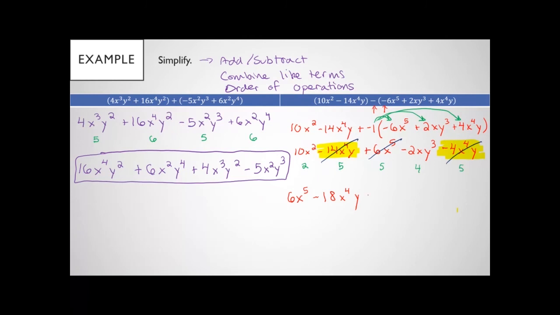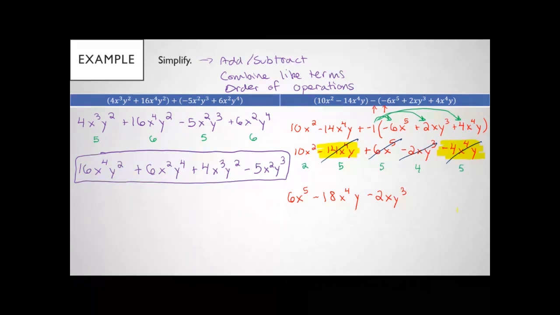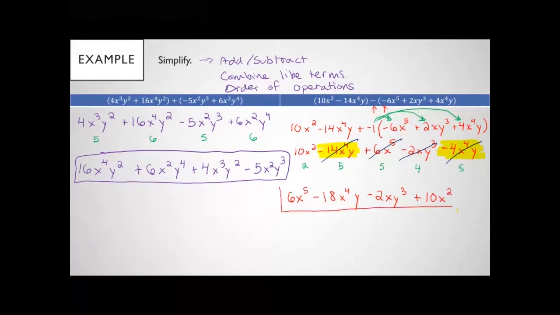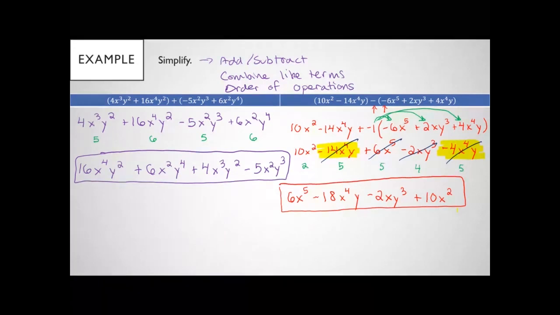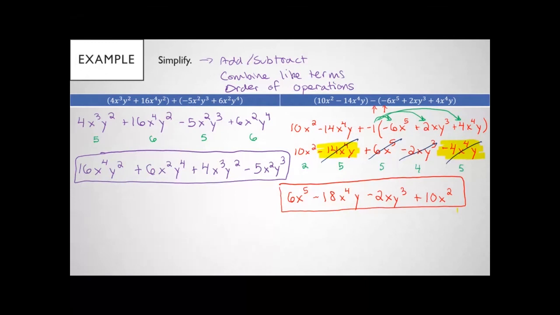There's nothing else that matches that, so I'm going to just write it down. And then just to be safe, cross that out. And then the only thing I have left is the 10x squared. There's nothing to add it to, so that's going to be plus 10x squared. And since that's the last term, I'm going to put that in the box, and now we have simplified.